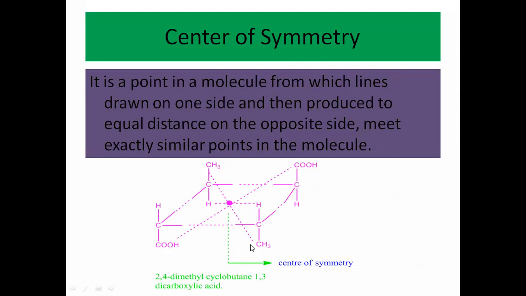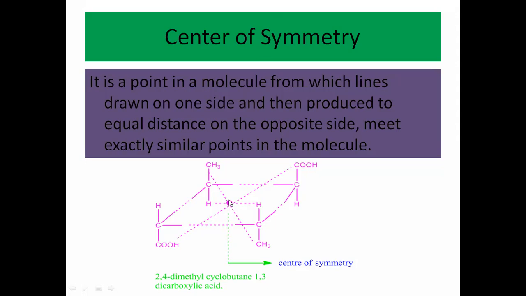Here this carbon has the substituent H, this above, and the CH3. And here it is COOH and H. This is the center of symmetry. It is a point. So here you can see this point.